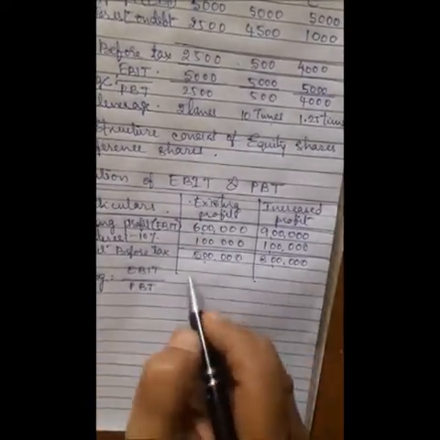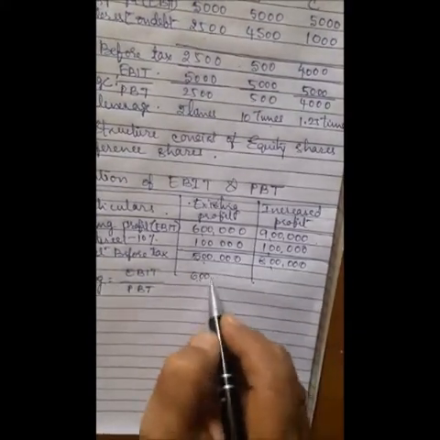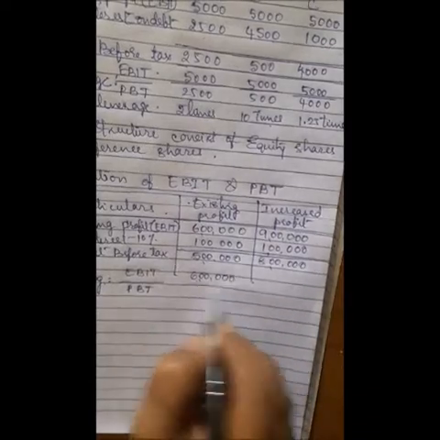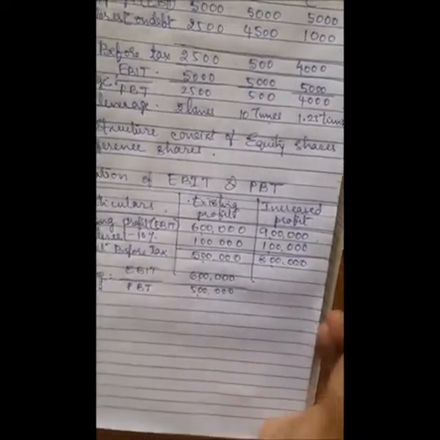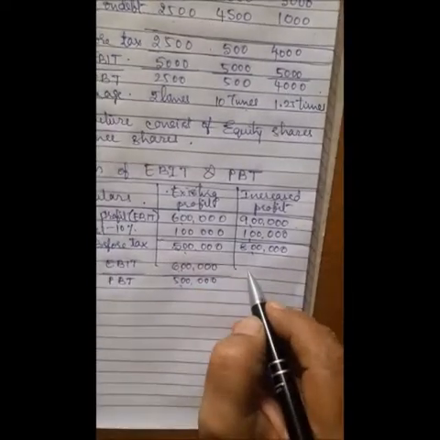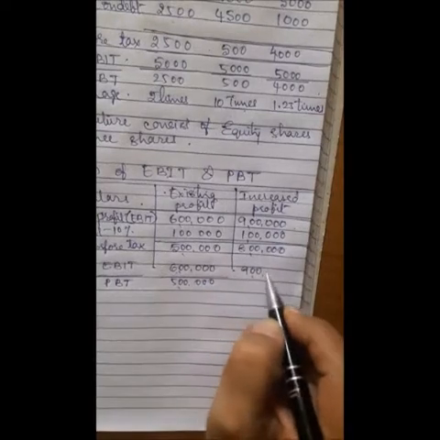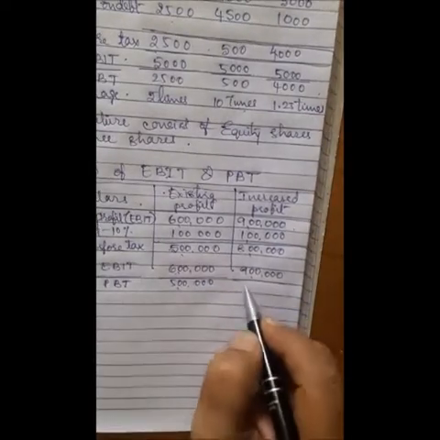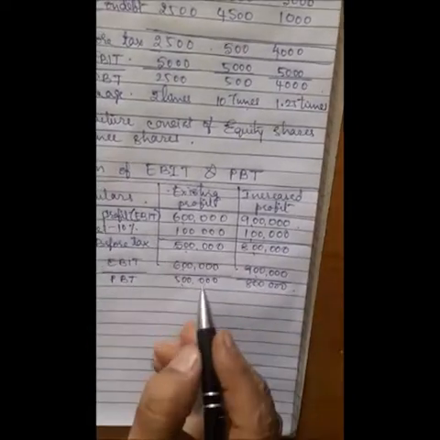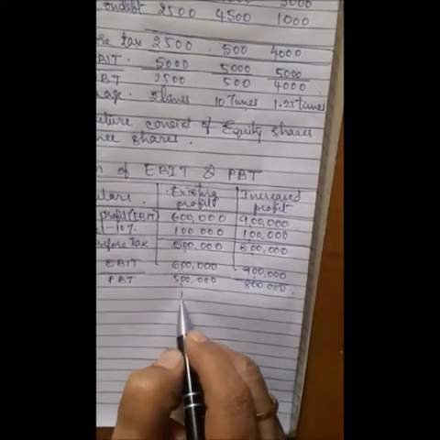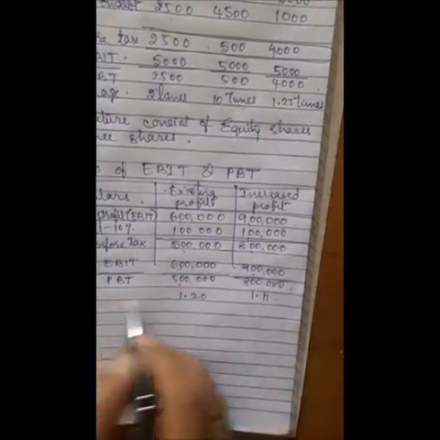So EBIT is 6 lakhs, and PBT as calculated is 5 lakhs. Second case, the EBIT is 9 lakhs and PBT is 8 lakhs. So the answer you will get is 1.2 and 1.11 times.